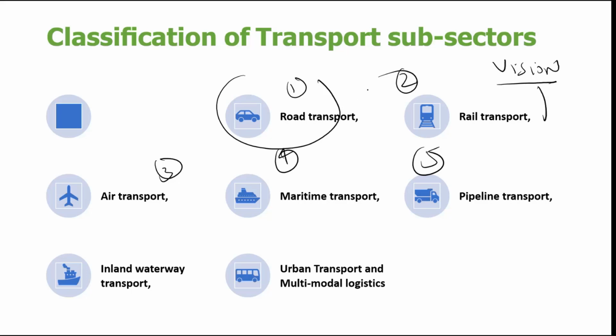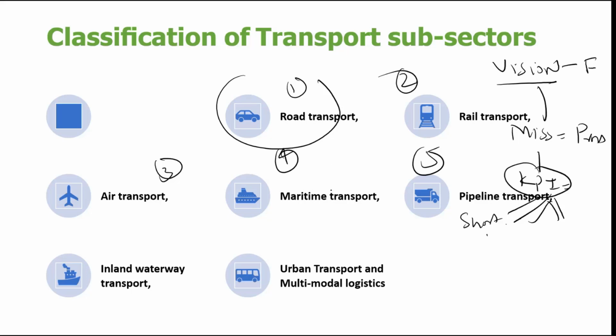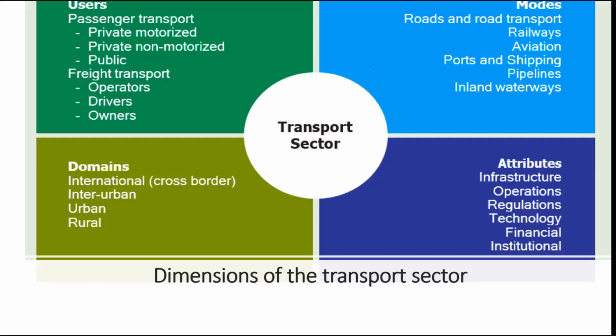That should be at the federal level, and the mission should be at the province level. Then we can derive the KPIs within each district, within each province, and then divide it into short term and long term policy. But each and every project should be aligned with that vision and that mission.